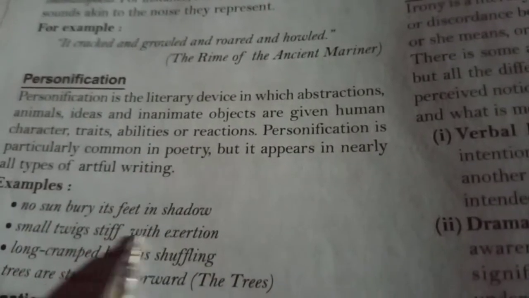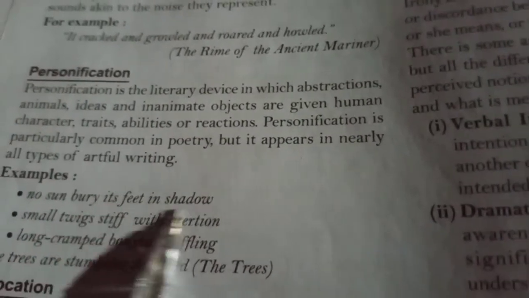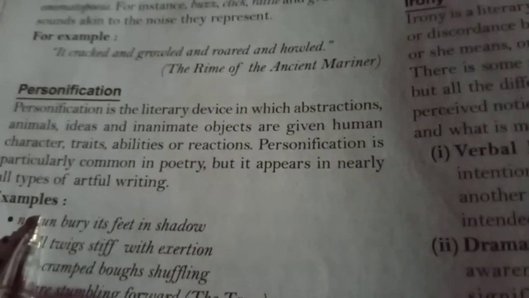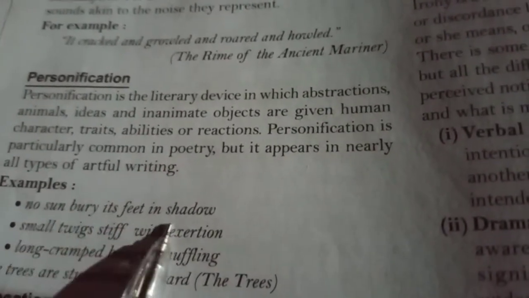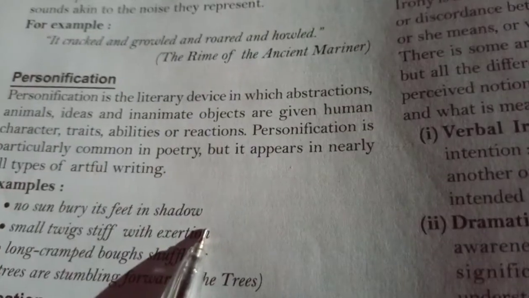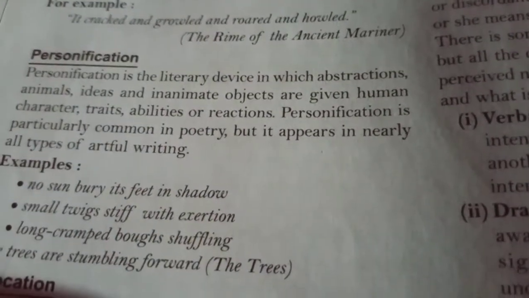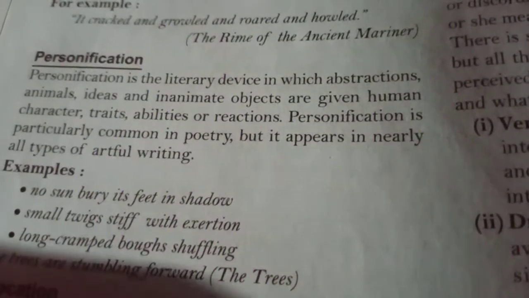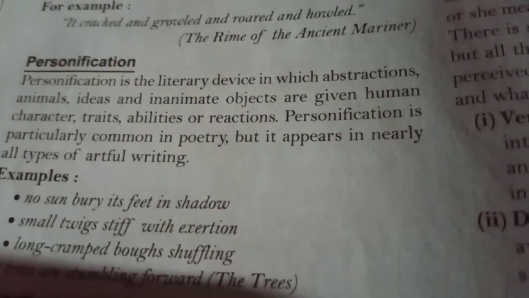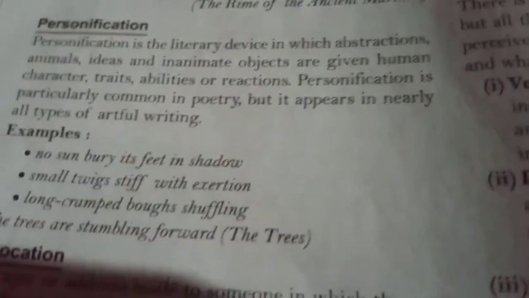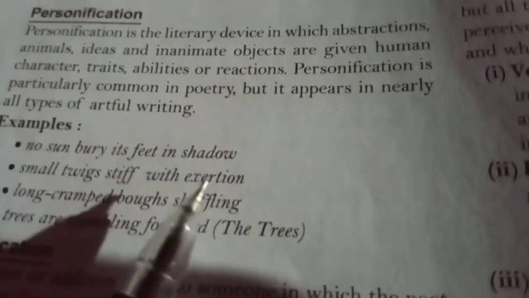So here we are telling about burying, this is the tendency of human beings, not of a sun, but here we are using it for sun. No sun bury its feet in shadow. So here objects are given human characters or abilities or reactions. Small twigs stiff with exertion.